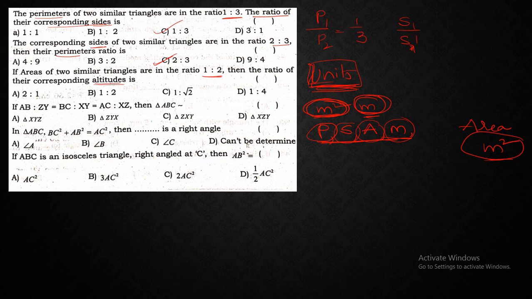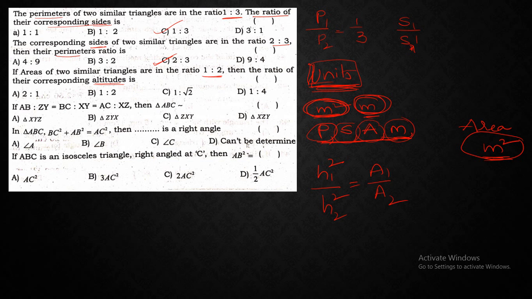Corresponding altitude. So area and altitude. Area is meter square, altitude is meters, right? Then if you want to make them equal, you need to square the height. So h1 square by h2 square is equal to area 1 by area 2.